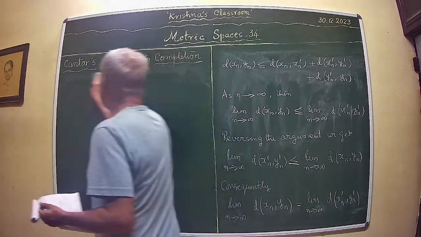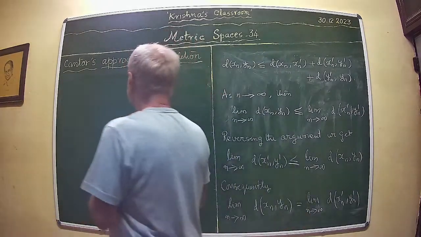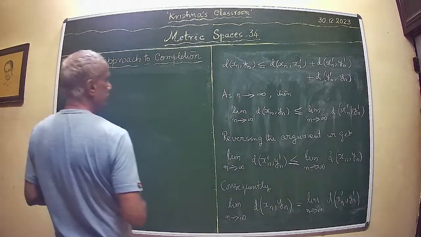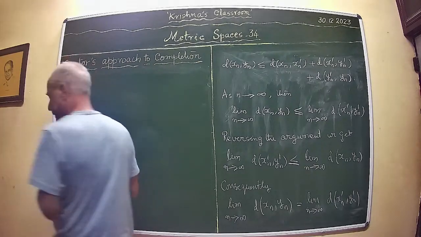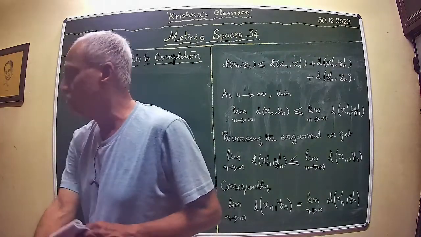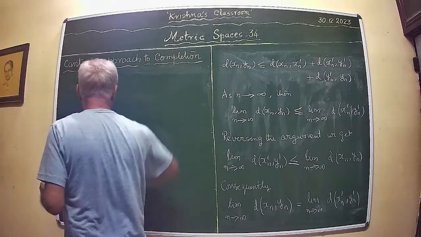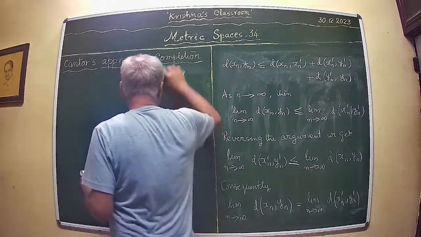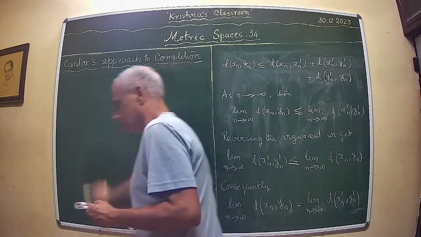So we have now X tilde, which is partitioned into equivalence classes, and on that we now use this theorem to see what emerges.